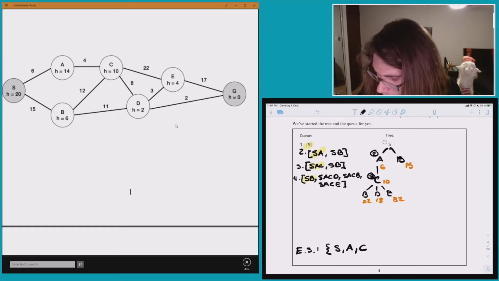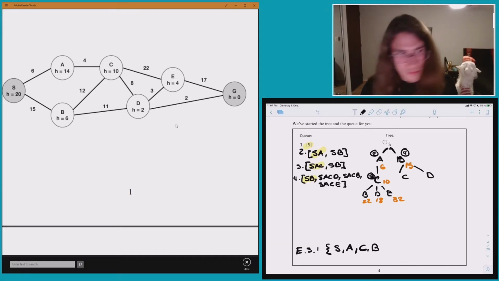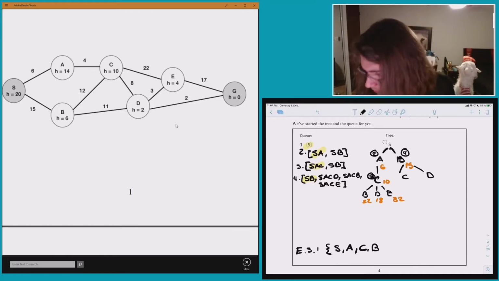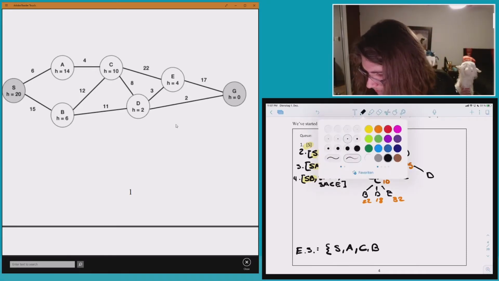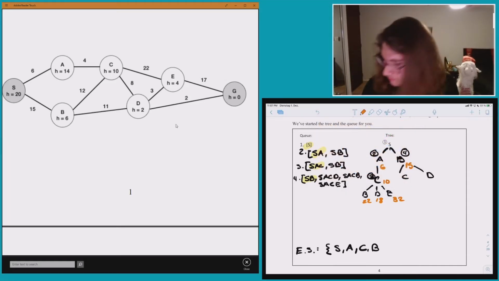Okay. Let's pop SB. I evaluated number 4. There's B. And from here I get C and D. Just C and D because going back to S would be a loop. This is 27 and 26.